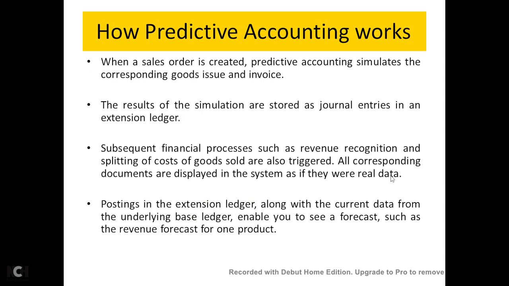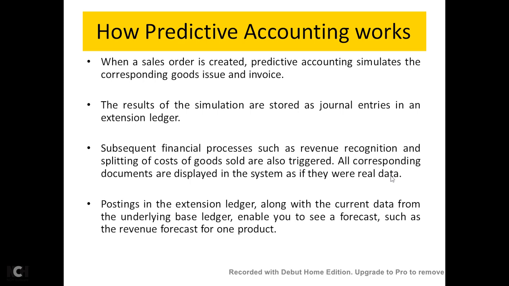So how does predictive accounting work? When a sales order is created, predictive accounting simulates the corresponding goods issue and invoice. Once the sales order has been saved, it immediately simulates all the goods issues related to that sales order and the invoices to be created.